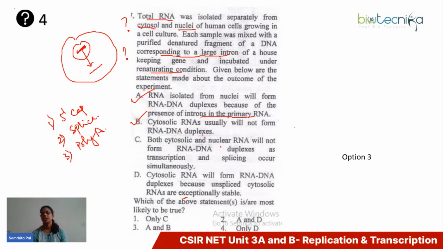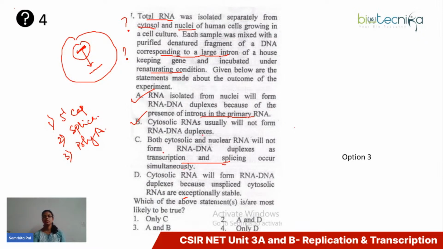C, both cytosolic and nuclear RNA will not form RNA DNA duplexes, as transcription and splicing occur simultaneously. It is true that transcription and splicing occur simultaneously, but you are splicing out one intron at a time, right? So there is a chance that there will be some introns at the time you have extracted, which are yet to be spliced, because splicing is not complete in your nucleus.